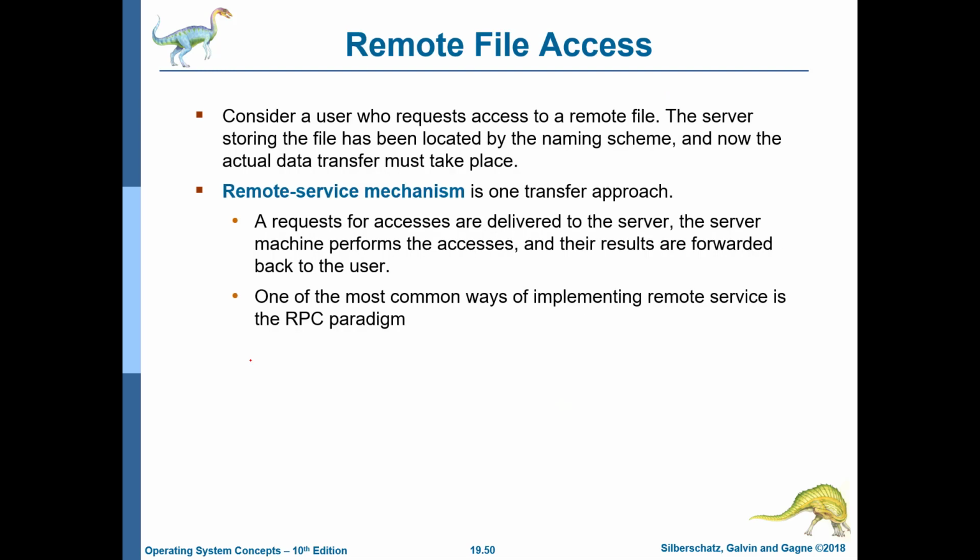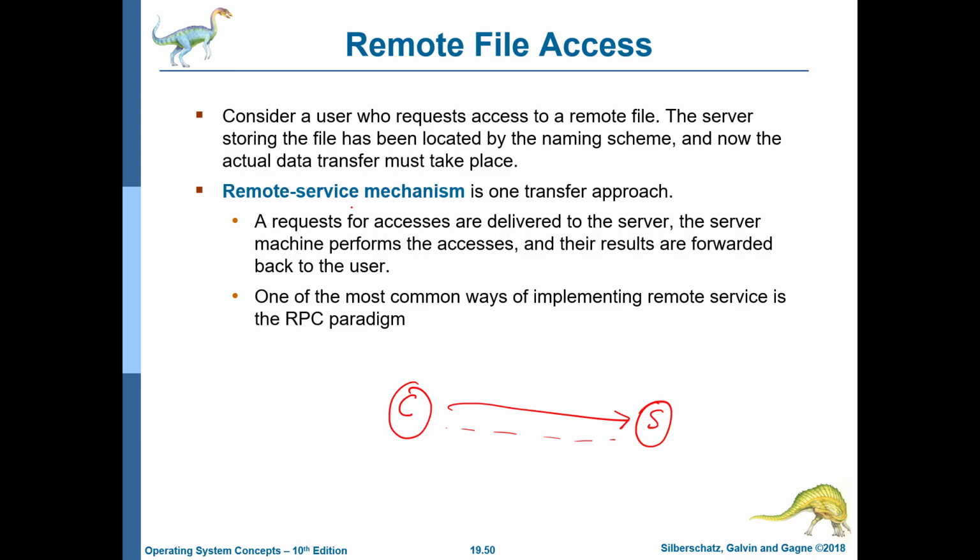So for remote file access, consider a user who is requesting access to a remote file. The server has to do several things. The server has to authenticate the user, in the sense that if a client machine is requesting a file from the server, the server has to verify the credentials, and after that, an actual data transfer will take place.